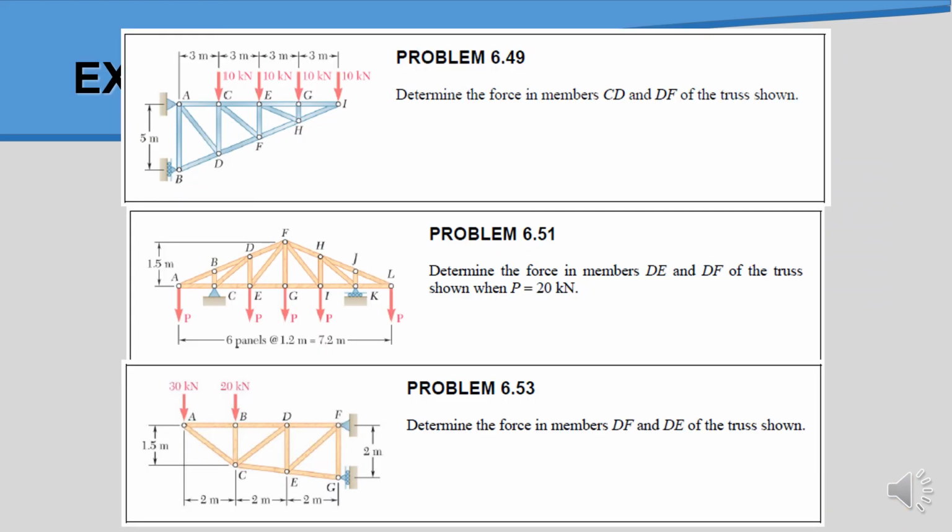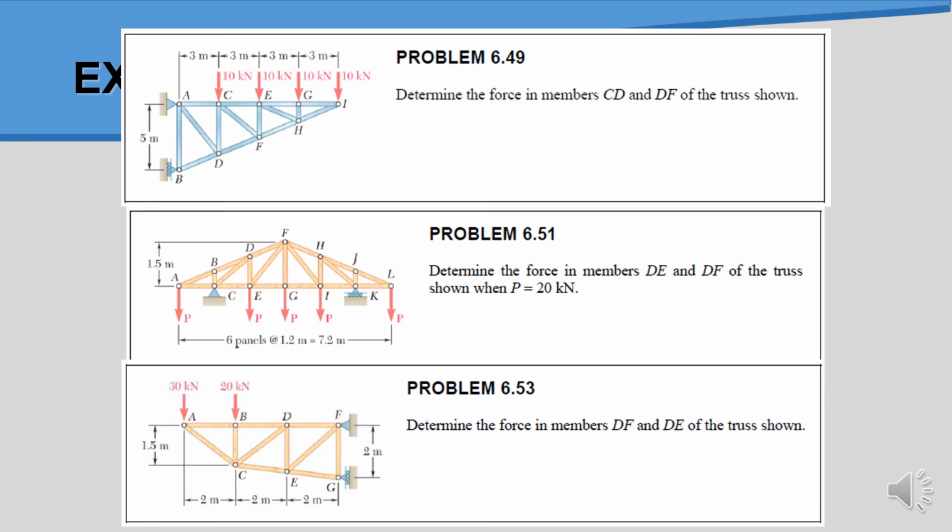So the rest is for you to practice. Maybe you can try to get the answers to the three problems. If you have any problem, we can discuss together.